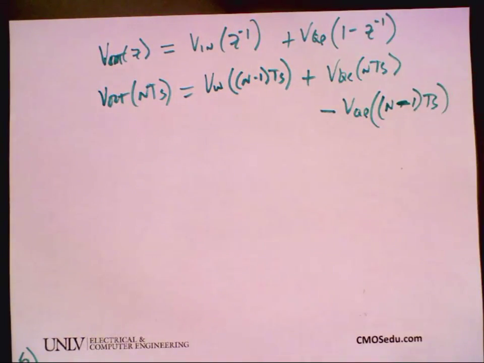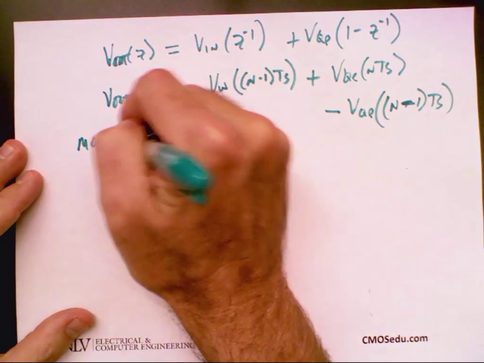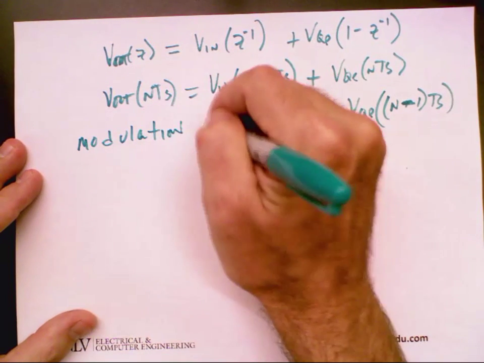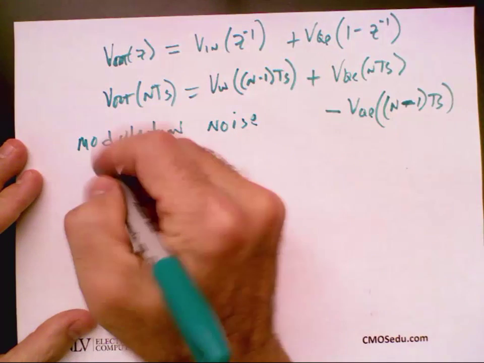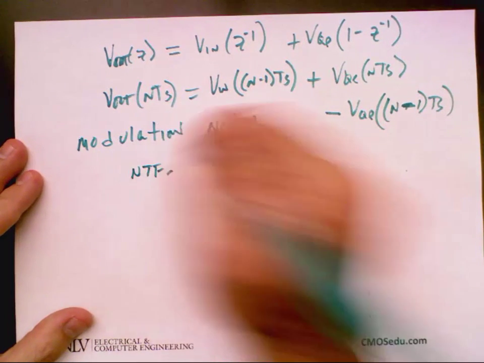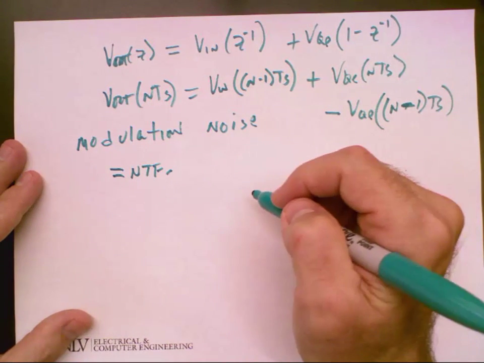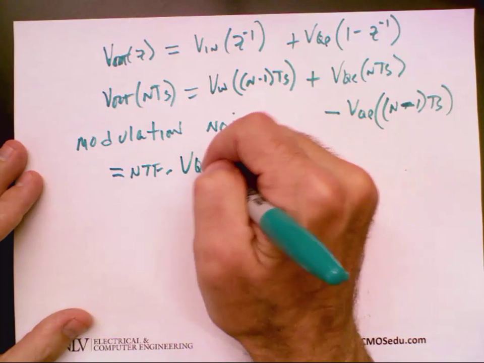Is everybody cool with that? Okay, so if I want to look at the modulation noise, I'm going to take the noise transfer function and multiply it times what? VQE.